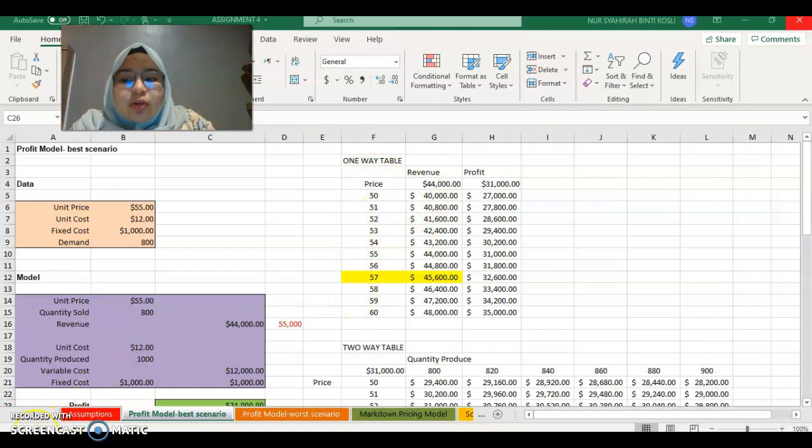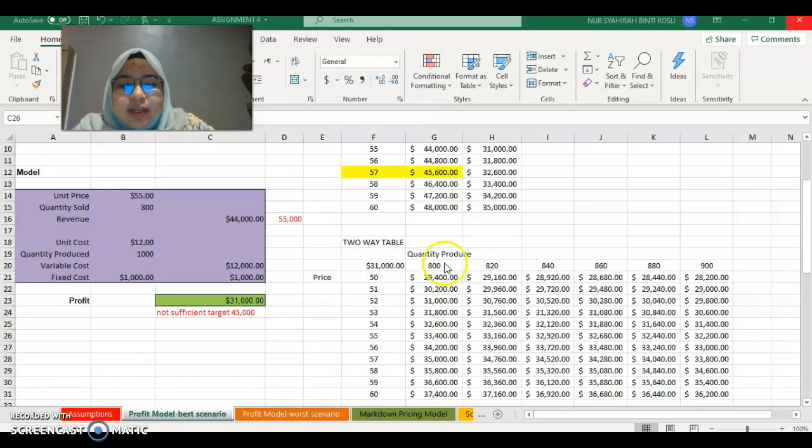We choose either one-way table or two-way table to find the perfect value to increase revenue and profit.